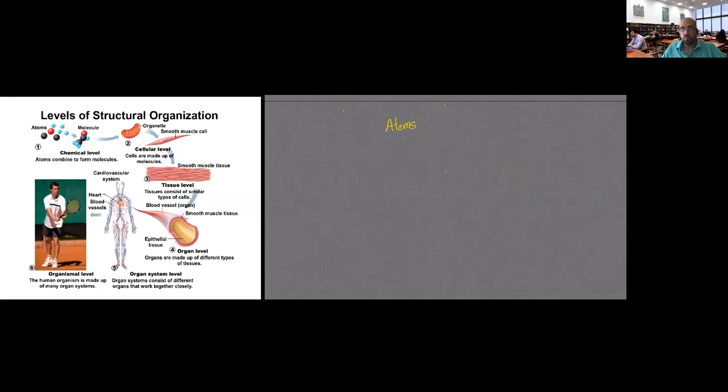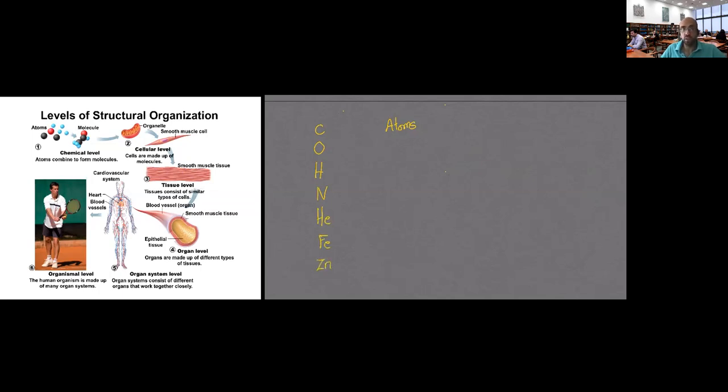Like what atoms do you know? This is a very basic structure of any element. So like the carbon atom, the oxygen atom, hydrogen, nitrogen, helium, iron, zinc.